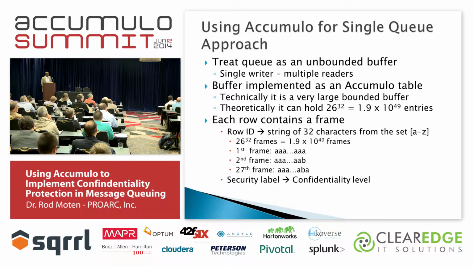The first frame is going to be labeled with just all A's. The second frame is all A's with the last character B. And the 27th frame is going to be all A's and a B, then the last character is going to be A. And you just keep doing that over and over again. The security label is going to be the confidentiality level that we want that frame to be at.